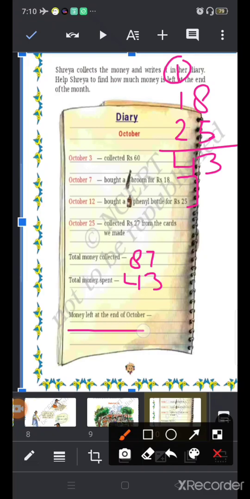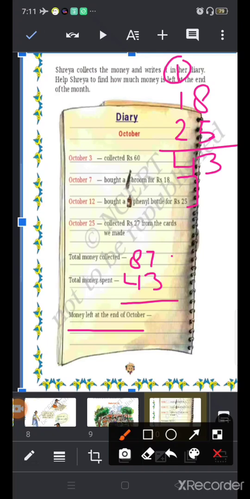Money left at the end of October. So how will you find how much money will be left? How will you find? You will subtract. Okay. So which number will you subtract? You will subtract the spent money from the collected money, isn't it?